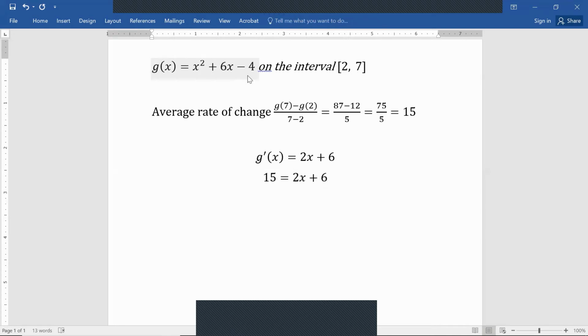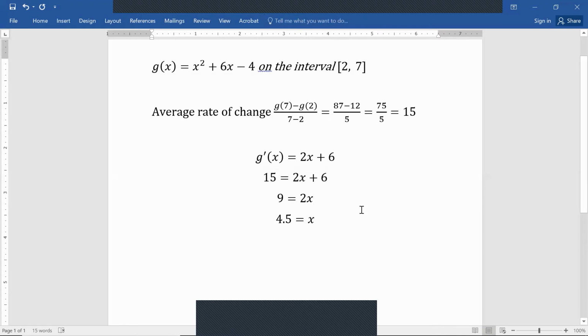Subtract 6 from both sides, then divide by 2. So the x value of 4.5 is the spot on this curve whose instantaneous rate of change is equal to the average rate of change from 2 to 7. Obviously, 4.5 is in fact in that interval.